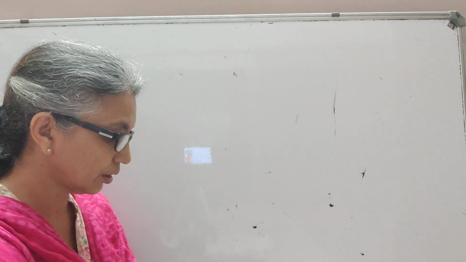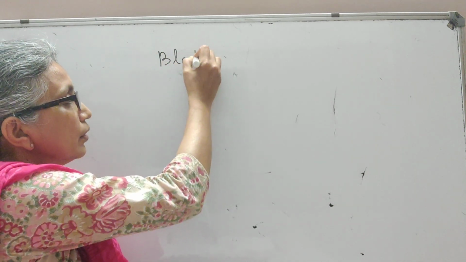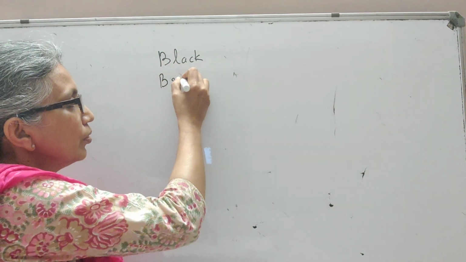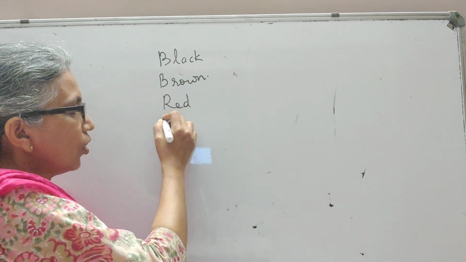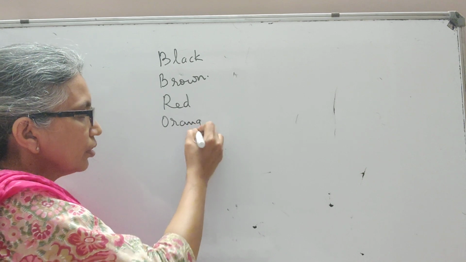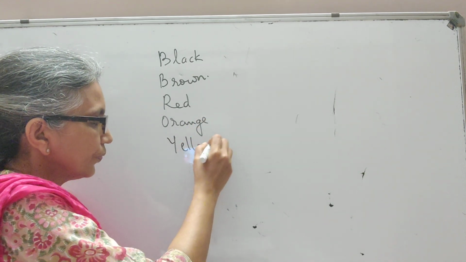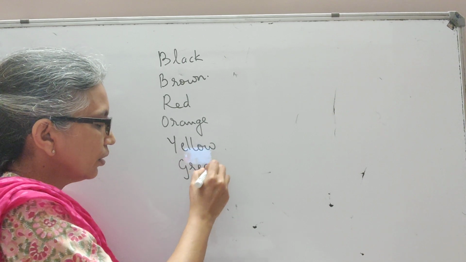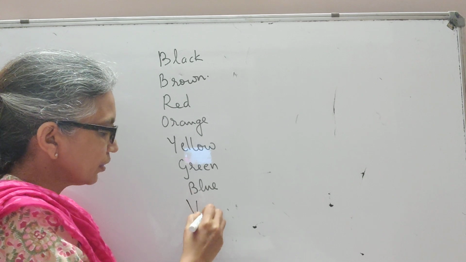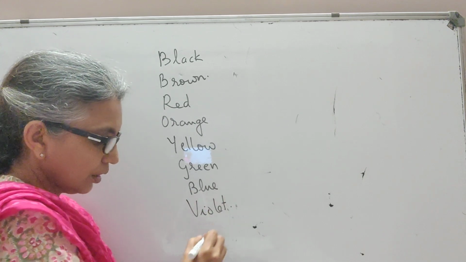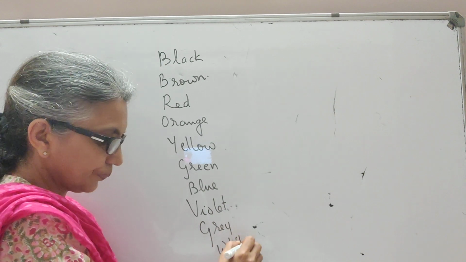Color coding would mean you start with black, brown, red, orange, then yellow, green, blue, violet, grey and white.